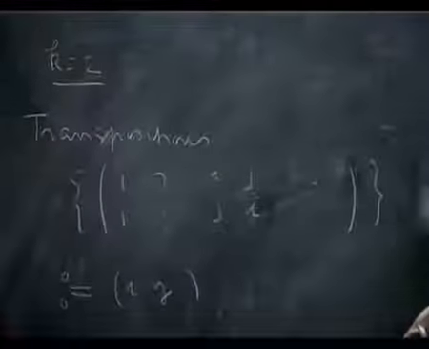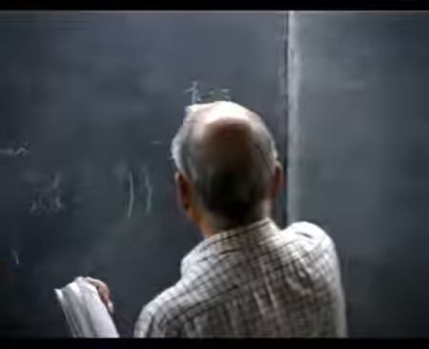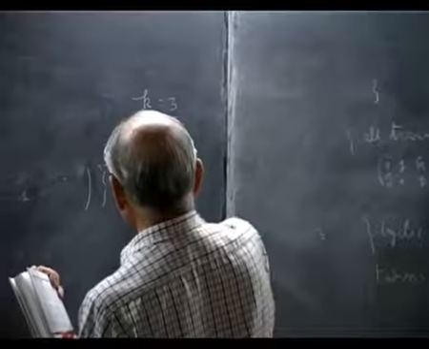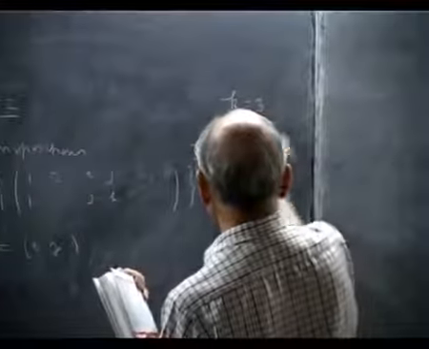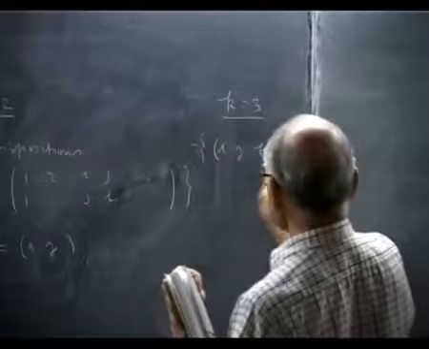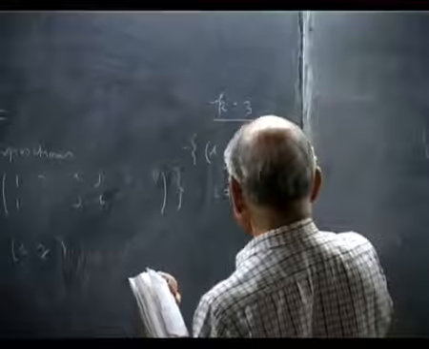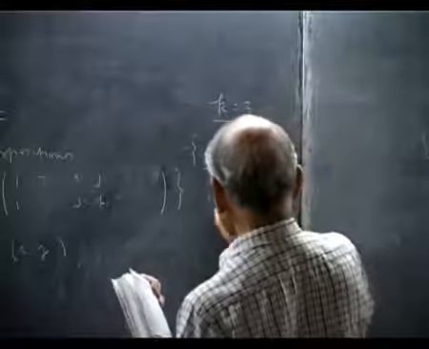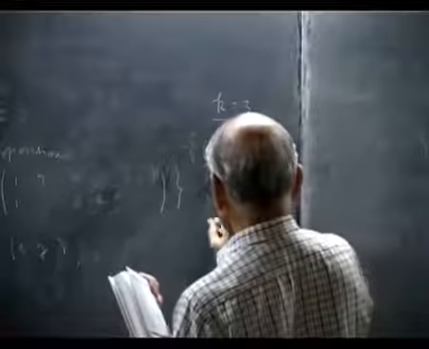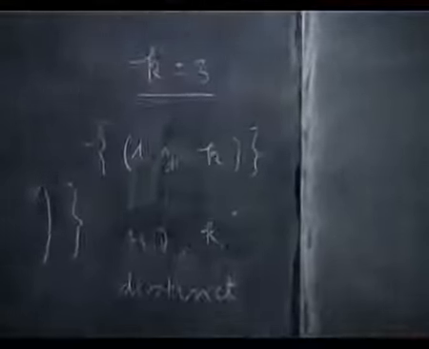Similarly, for k equal to 3, they will be of the form (i j k), of course with i, j, k distinct, and it doesn't do anything for the remaining ones.